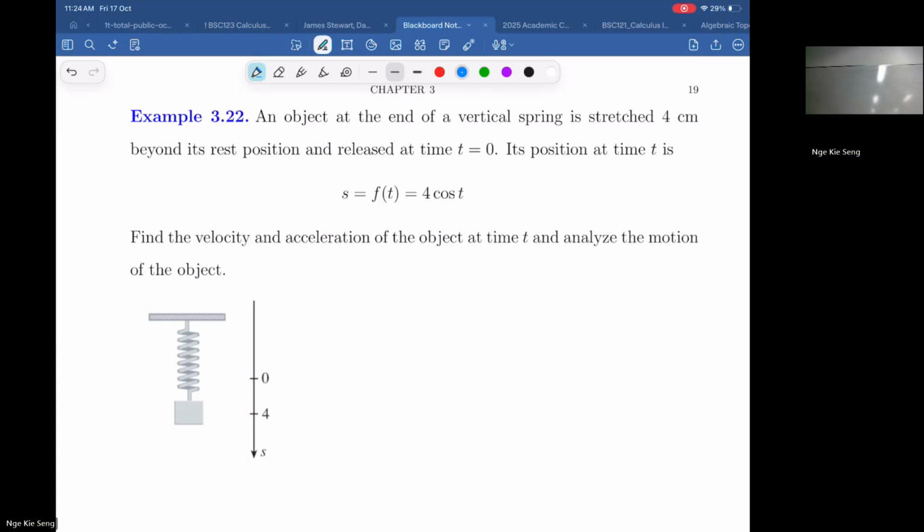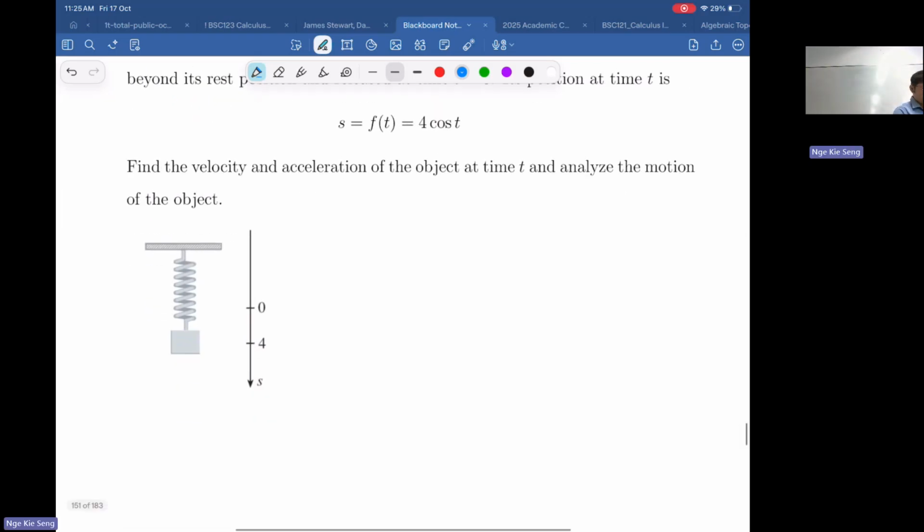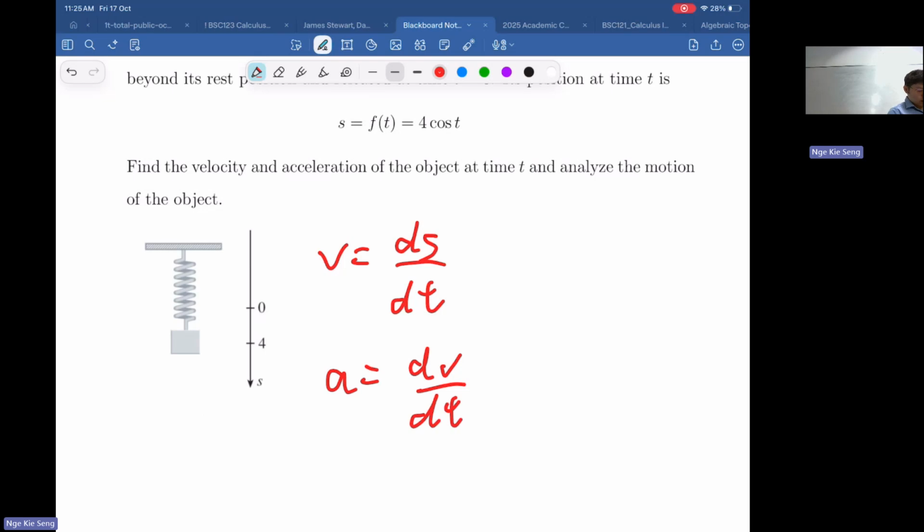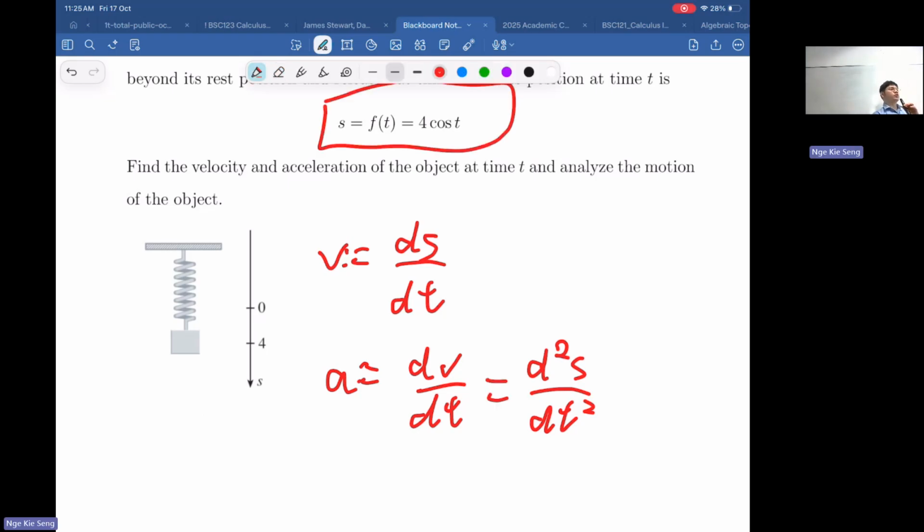Okay. So we skip this. Everyone okay? So you just compute v as dx/dt, and then a is dv/dt, which is d2x/dt square. So the change here was I just changed my displacement function into trigo.